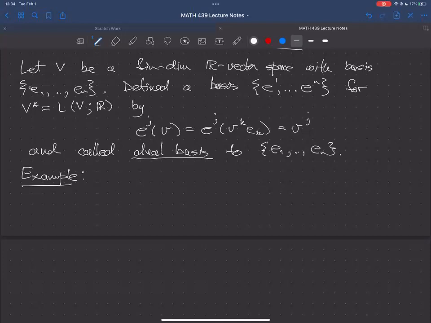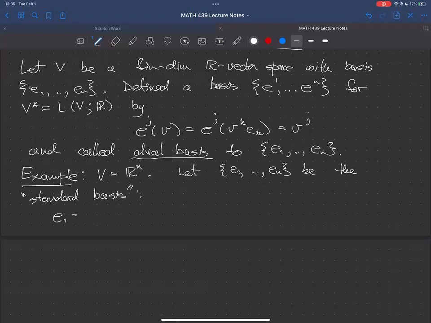Of course the vector space is going to be everybody's favorite n-dimensional real vector space, R^n. Then we take the standard basis, and I guess we know what that is.